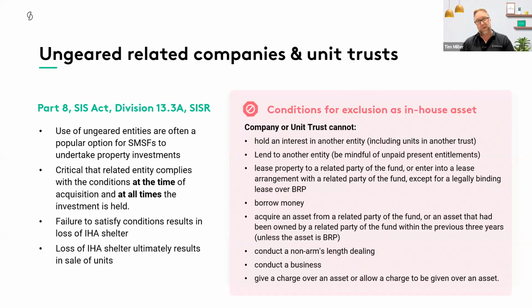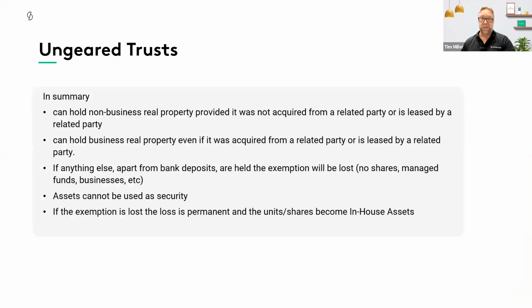We can sell those units to ourselves. Yes, we've got transactional and CGT issues to consider there, but the property is still owned by the underlying trust. So there are some key considerations around it. That's where the beauty of 1322C vehicles comes in: it gives us opportunities to look at different ways to hold those properties in the fund.